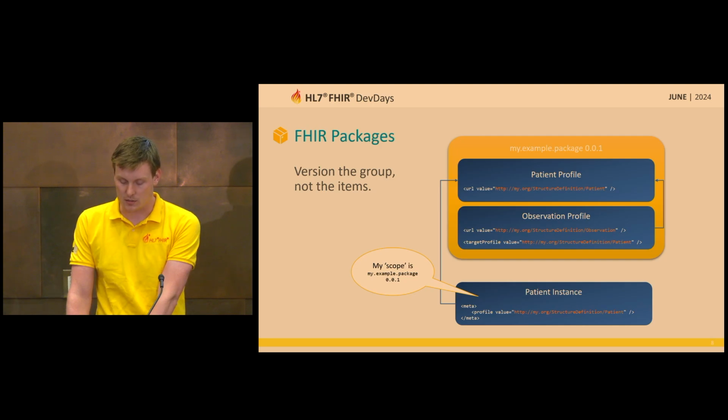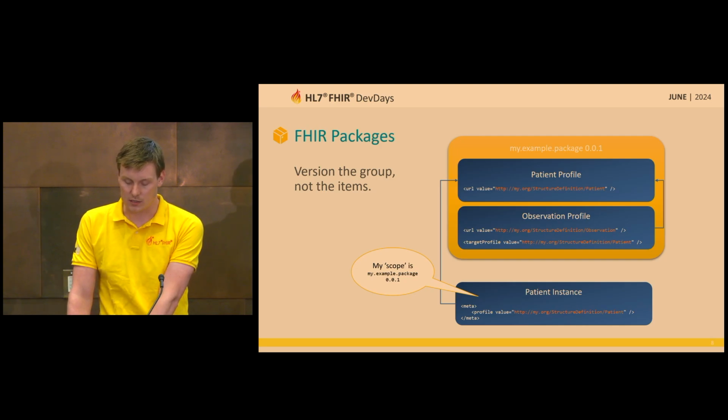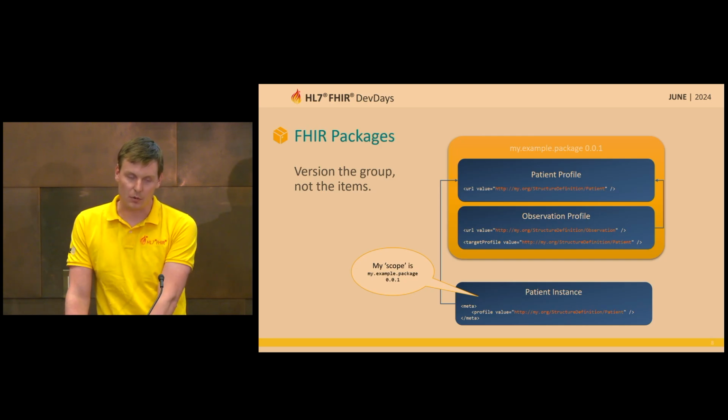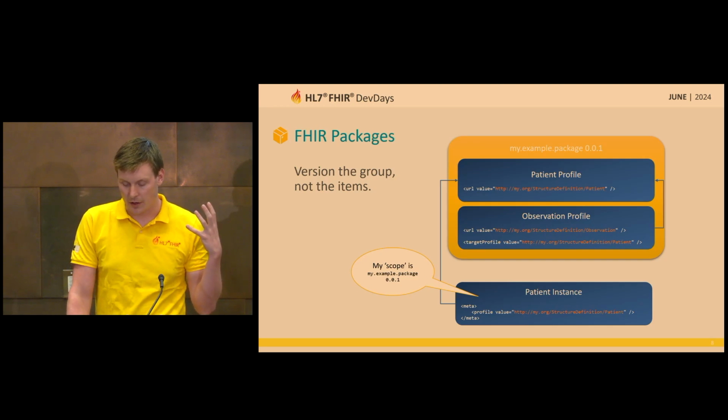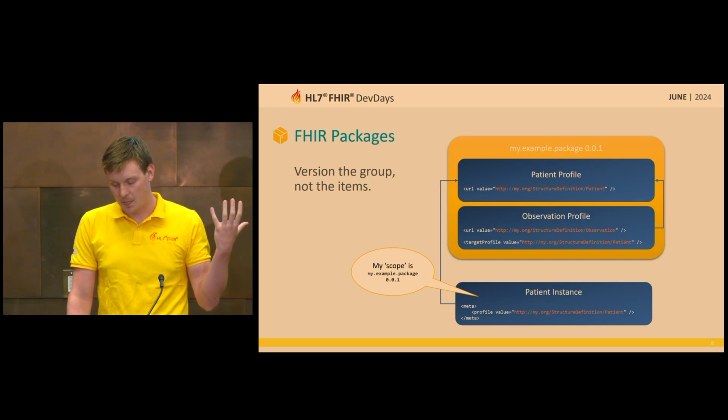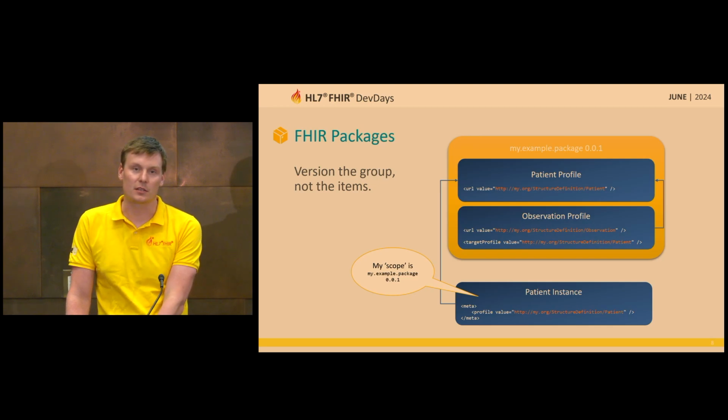So in this case, this patient instance says, hey, my scope is example.package.001. And then inside of that scope, it would look for a canonical URL of /structure definition /patient, and we'll find exactly what we're looking for.